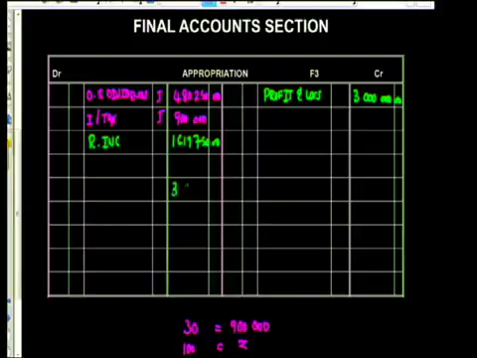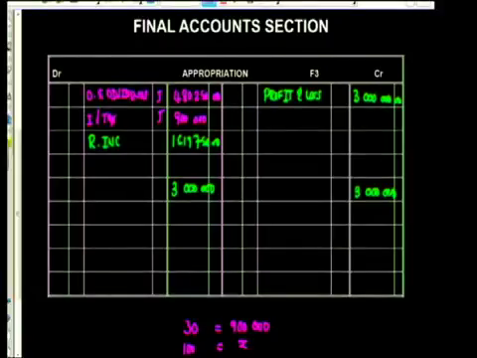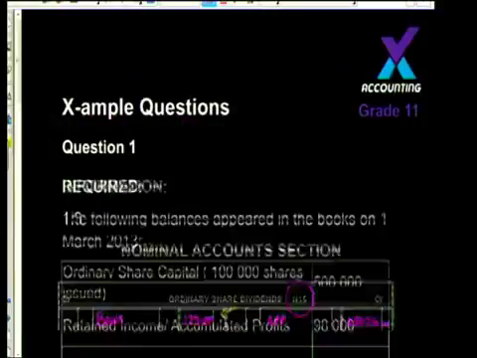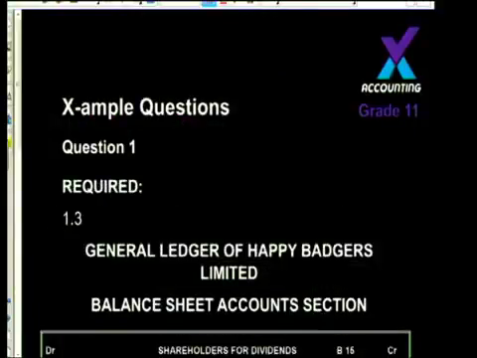Obviously, my two totals will be 3 million on either side because this account also closes. Now, if I debited my appropriation account with 1,619,750, then I have to do something else. What is it that I have to do?